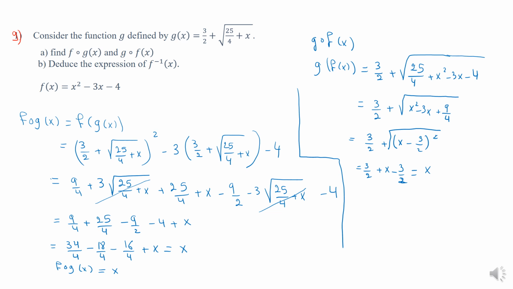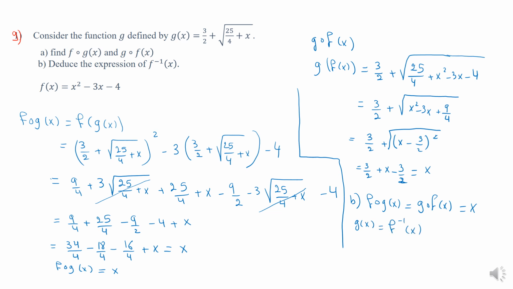So here we move to part B, deduce the expression of f minus 1 of x. Now since f round g of x is equal to g round f of x is equal to x over 3 over 2 plus infinity, g of x is equal to f minus 1 of x.